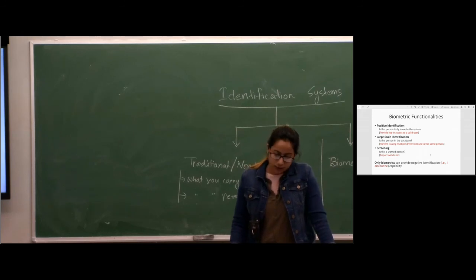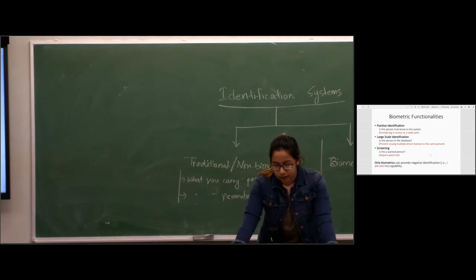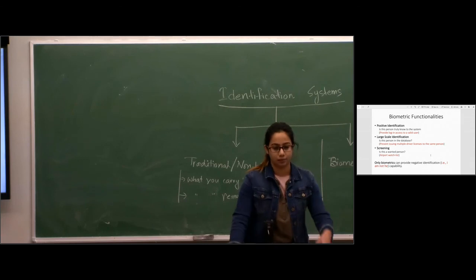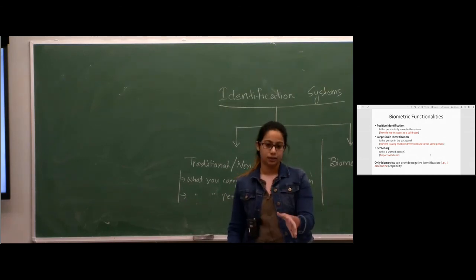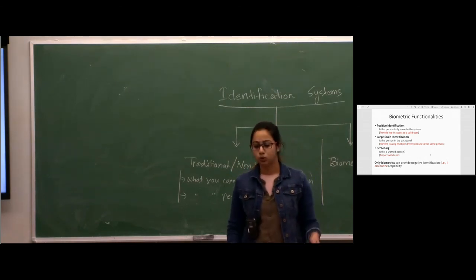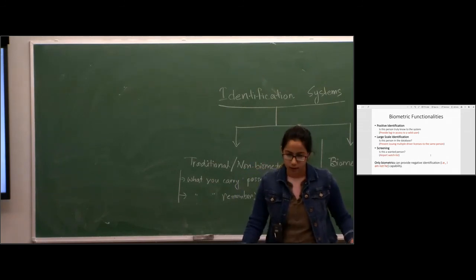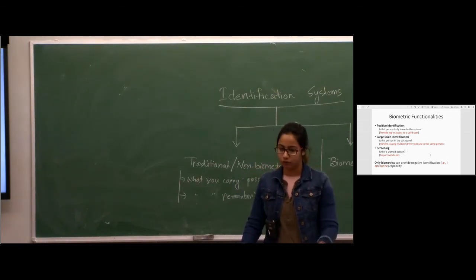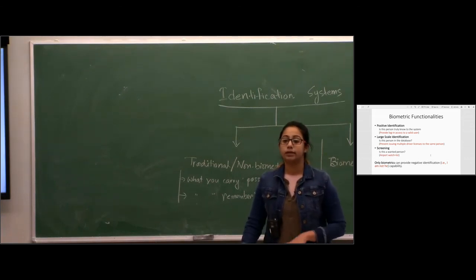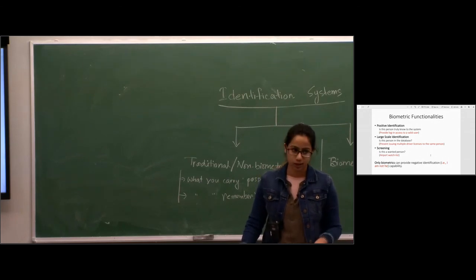The next one is similar, but it happens at large scale, which is called large scale identification. It is basically used to prevent issuing multiple IDs to the same person. For example, suppose you want to get your driving license. You go to the DMV and tell them, here is my information. The first thing they do is take your data and make a quick search in the database to see whether you were already given a driving license or not.